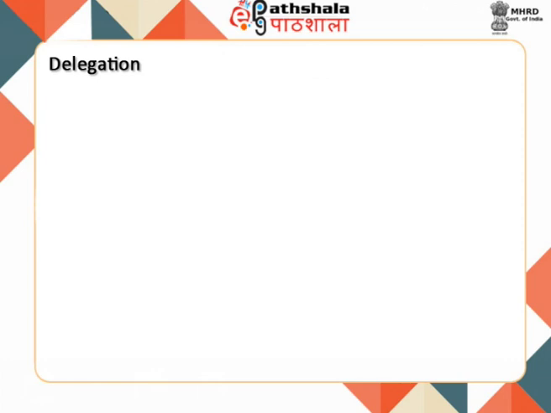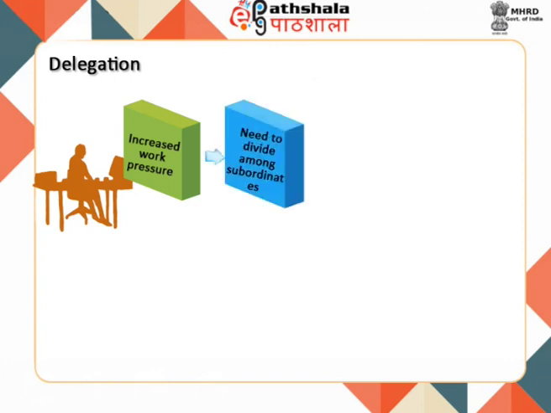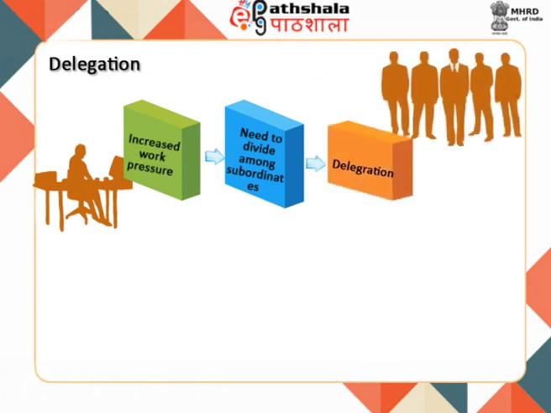Let us now understand the concept of delegation and decentralization. Where in an organization the work of an executive increases so much that it is not possible to cope up with it, then work is divided among subordinates by the executive. This is called delegation.